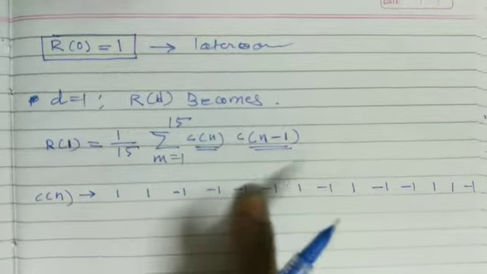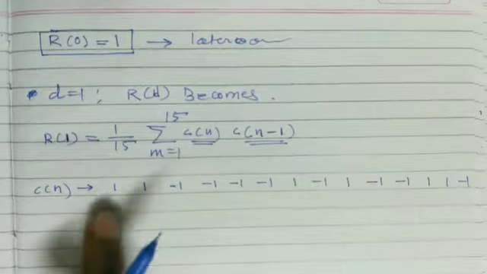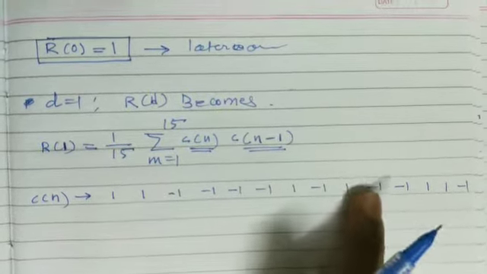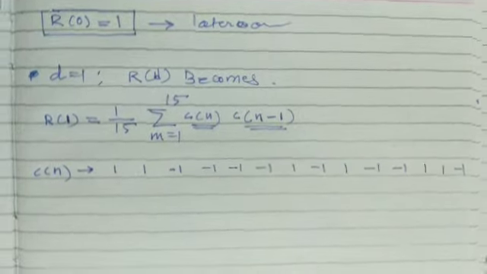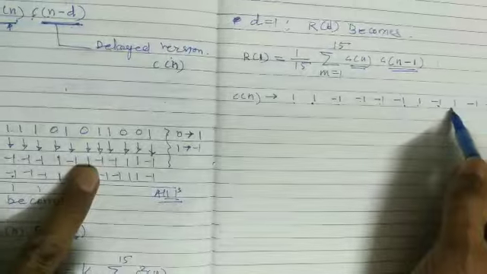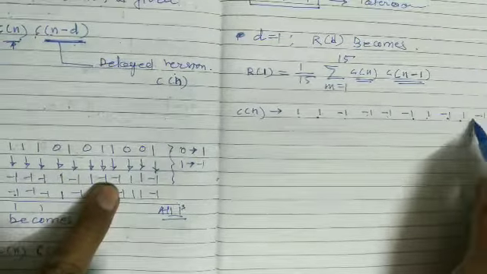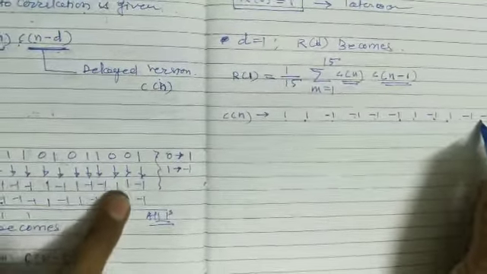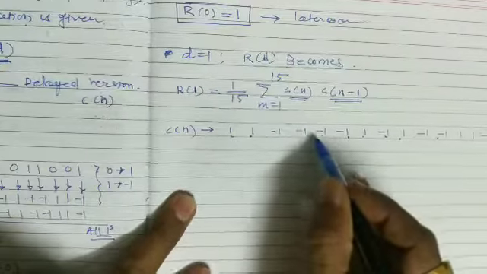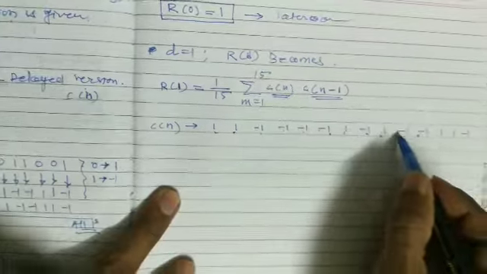Total there must be 15 elements. Counting, somewhere we are lagging with one element, and one element is missing.